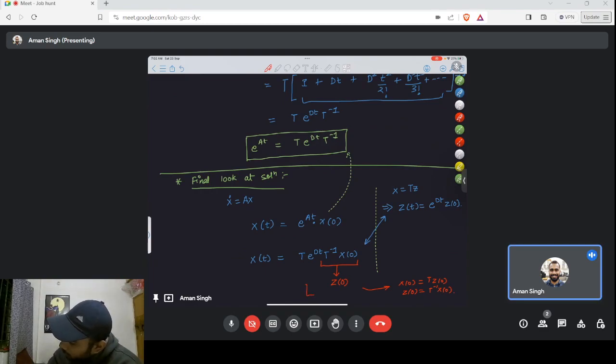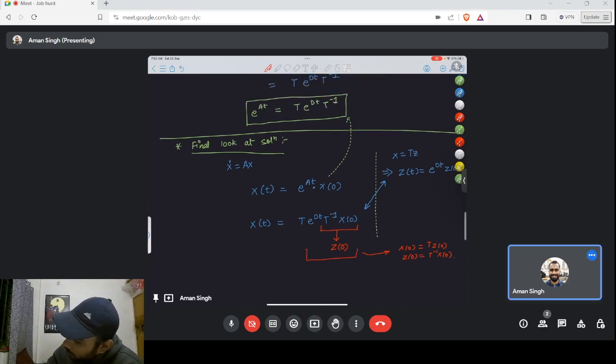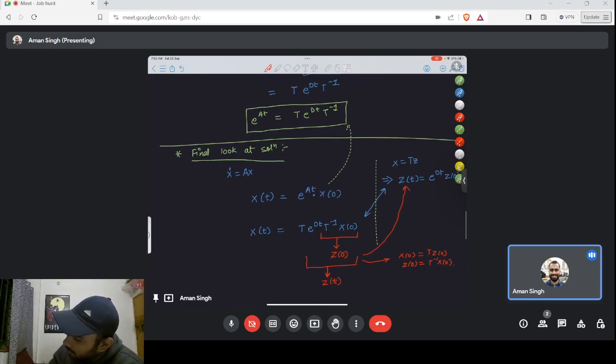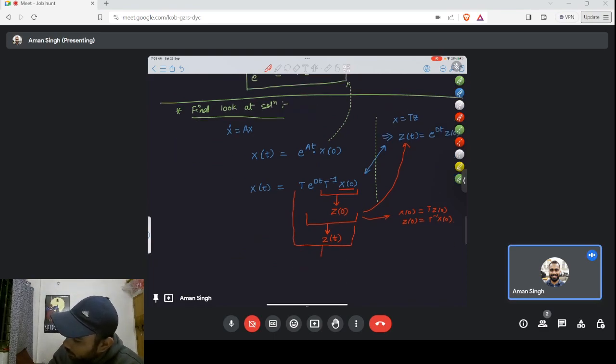Now e to the power Dt z naught is actually z(t). So basically here we had some initial condition. We transformed it to z naught. We computed the solution to that equation, z(t), and then we transformed it back again. So this is x(t), which is exactly like this.